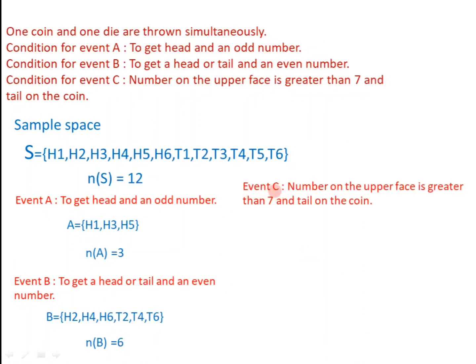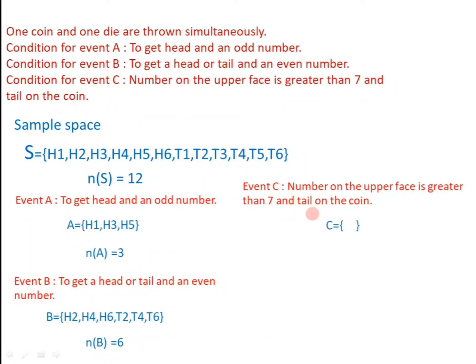Let us have the next event C. The number on the upper face is greater than 7 and tail on the coin. Now we need a number on the upper face which is greater than 7. As we are throwing a die, and a die has only 6 faces, there is no 7 there. So we cannot get a number on the upper face greater than 7 in any condition.